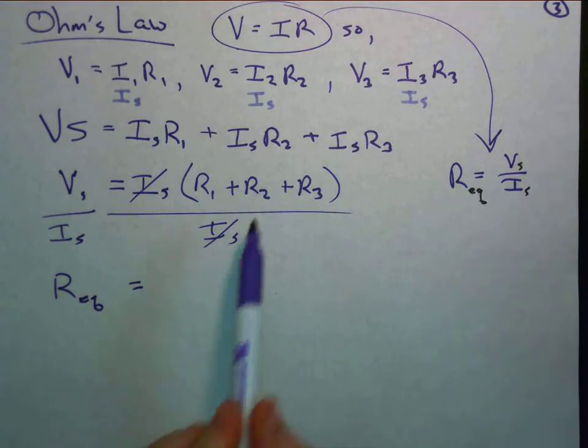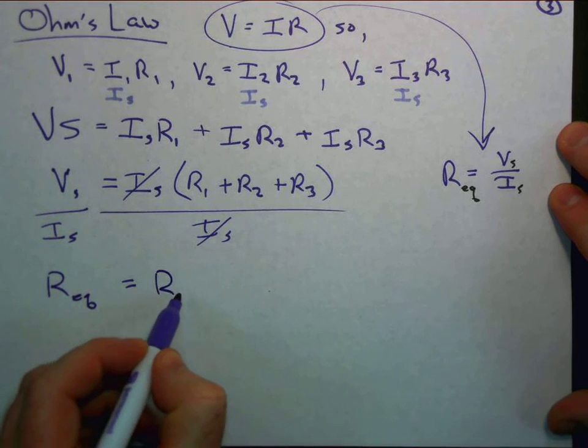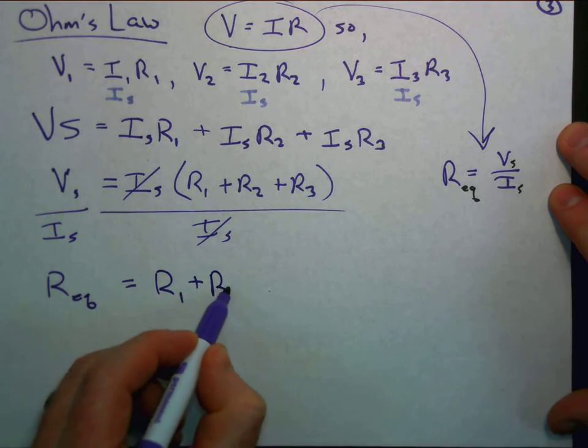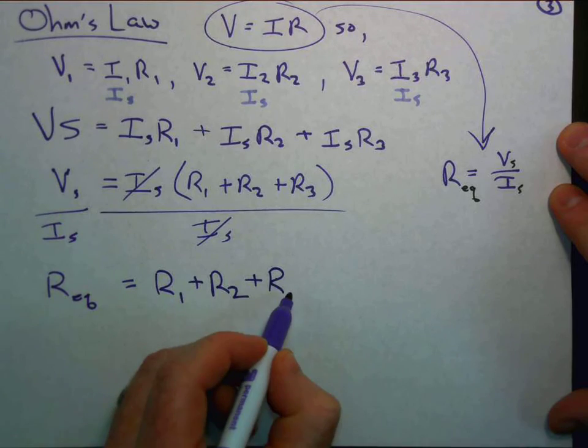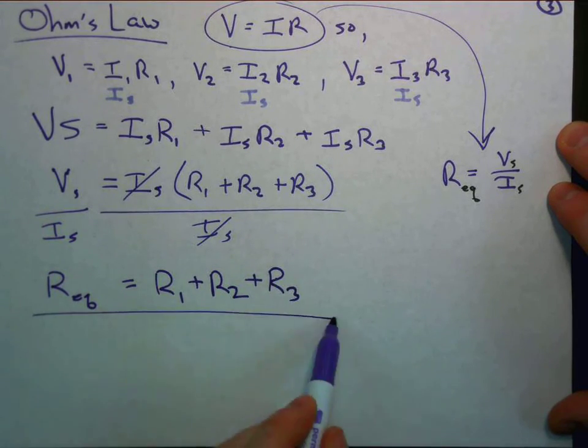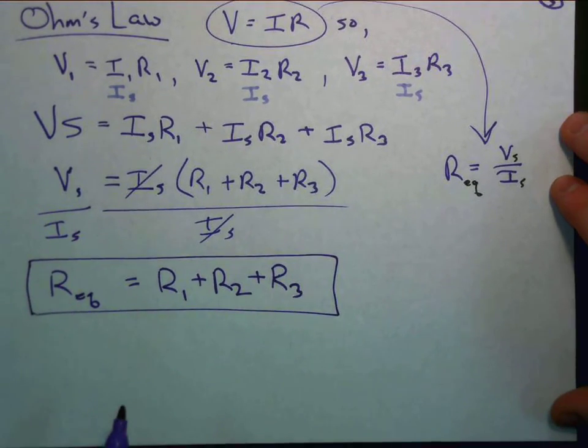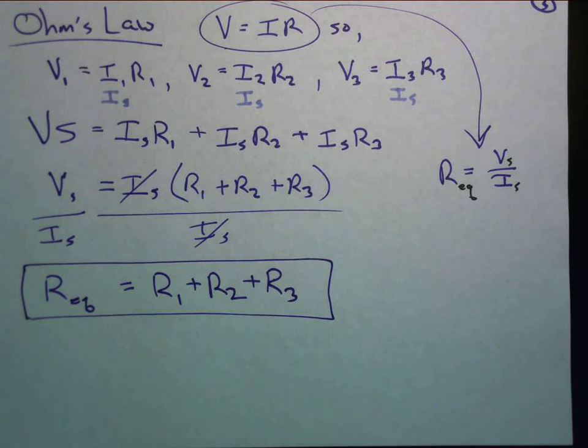And look what I have on the other side. So the equivalent resistance of series resistors, you simply add them together. That's it. That's how you find the total resistance or equivalent resistance in a series circuit.